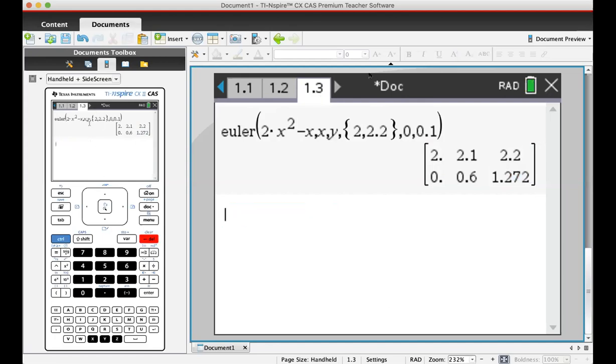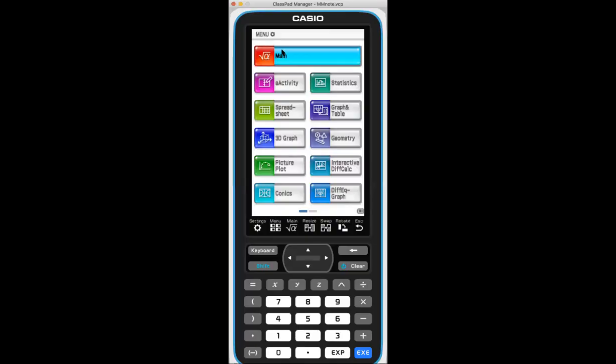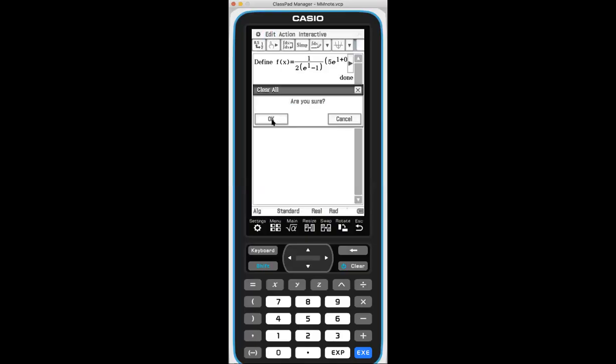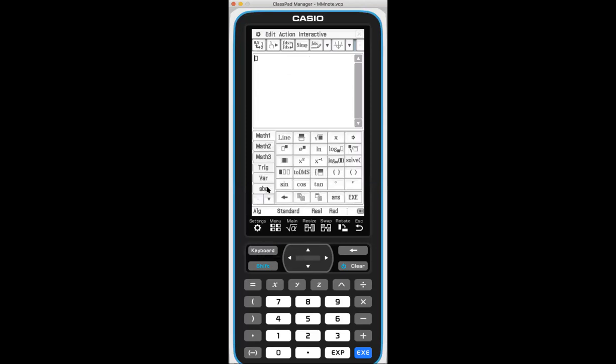Probably I need to demonstrate the use of eMath. All right, here is my Casio ClassPad. What I will do is using ABC, eMath, bracket.